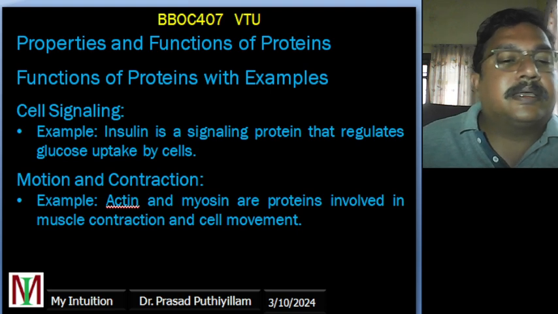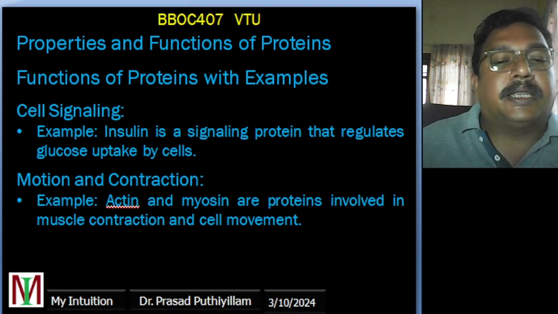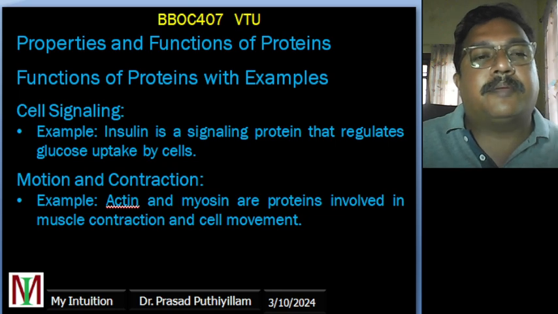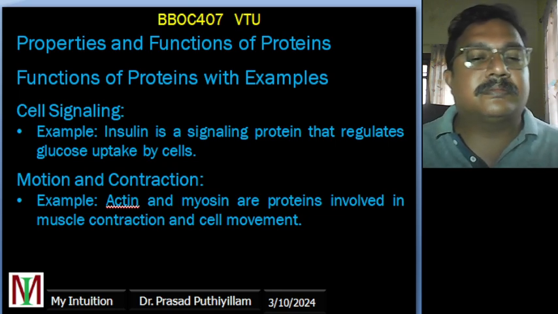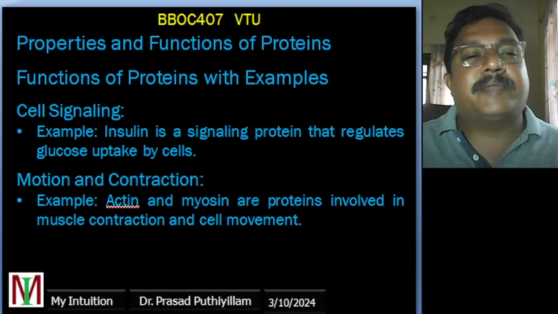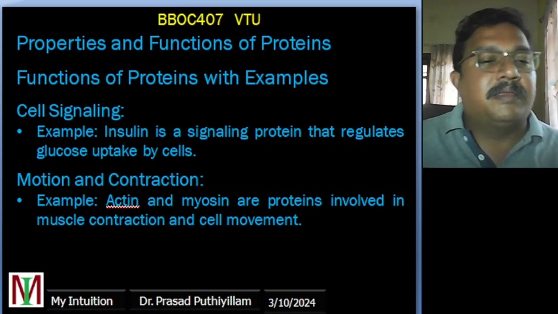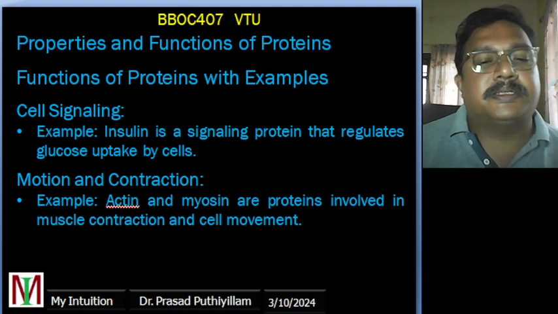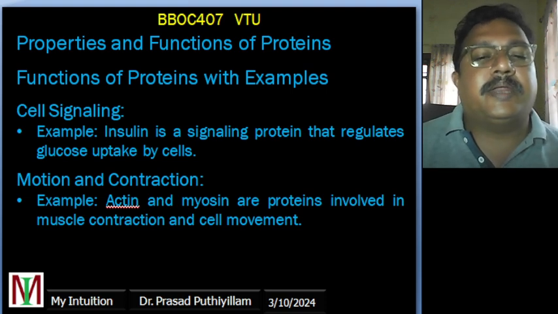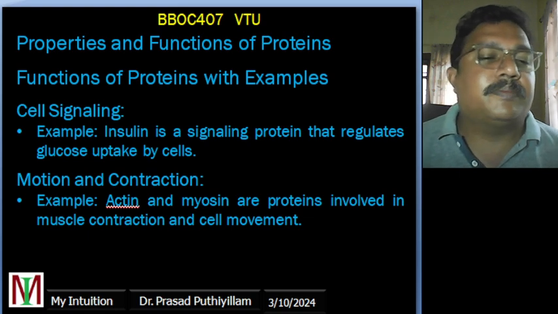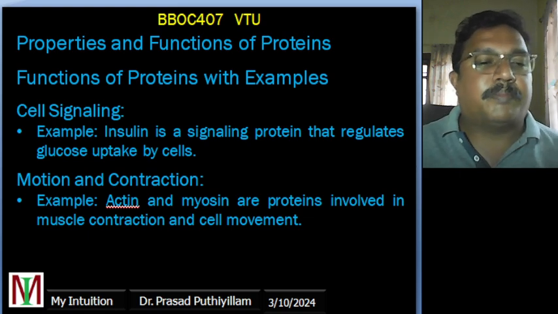It acts like a message telling our cells to take up glucose. When insulin is formed, immediately the news spreads that glucose, sugar, is needed from the bloodstream to use for energy. So this helps to regulate the blood sugar level and keep our body functioning properly.